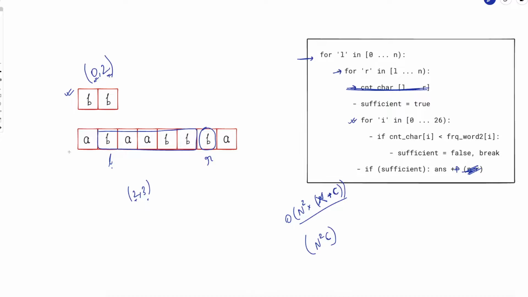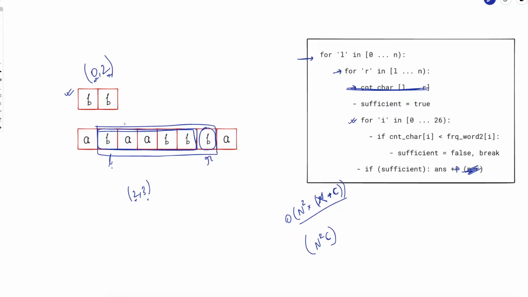Notice that this function that we are trying to compute here is a step function. That basically means if you figure out that, okay, this is a valid substring, let's assume, then the next one will surely be a valid substring, and the one after that will also be a valid substring. Why?